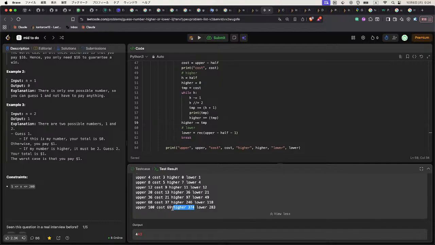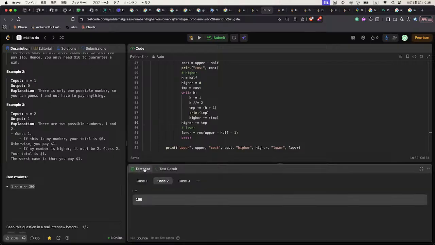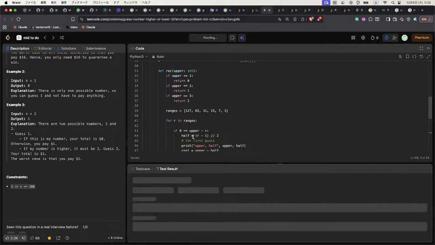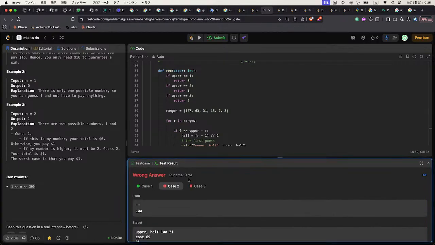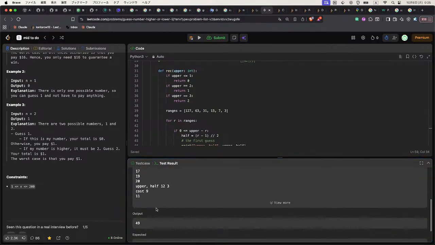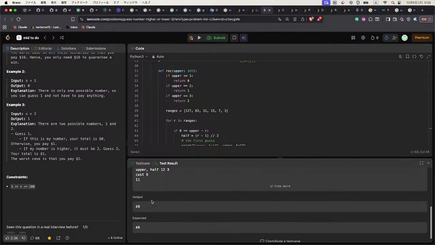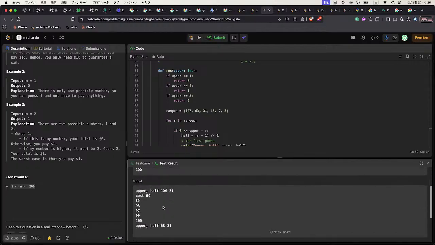Higher is still greater than lower one. Oh really? How about 20? 20 should be 49.